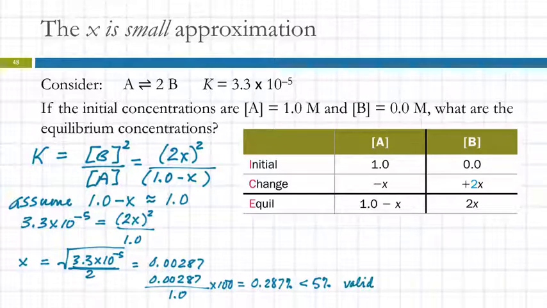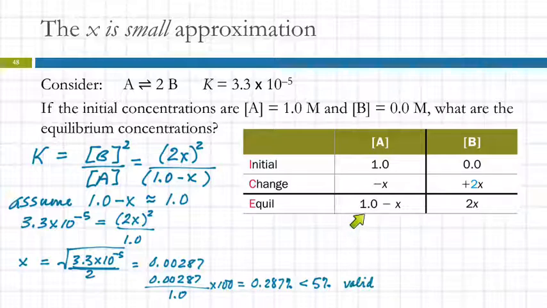So I haven't quite answered the question yet, though. I just figured out what x was. I'm supposed to find the equilibrium concentrations. Well, if x is 0.00287, then what's A? It's 1.00287, which is going to end up being 1, right?